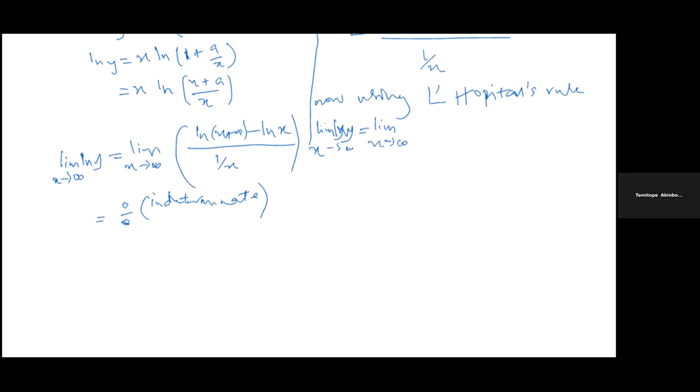The derivative of ln x is 1 over x. So the derivative of ln(x + a) minus ln x will be 1 over (x + a) minus 1 over x. I have differentiated the numerator. Differentiate the denominator, that will give me minus 1 over x squared. That's the derivative of the denominator.